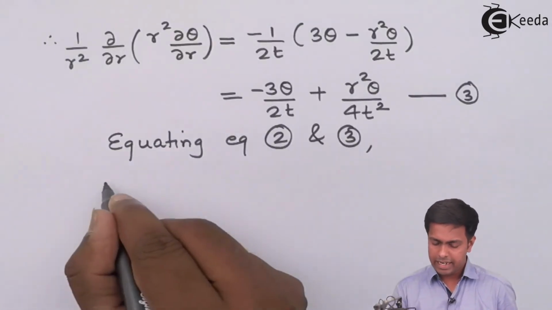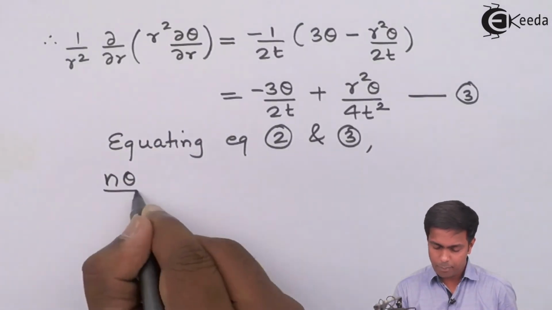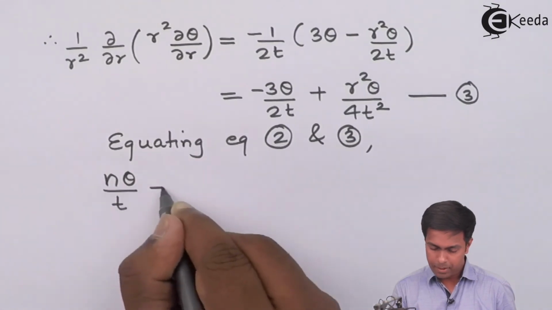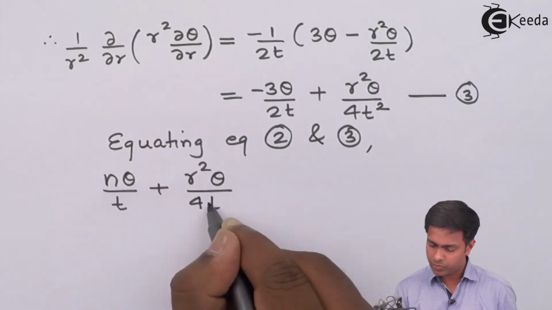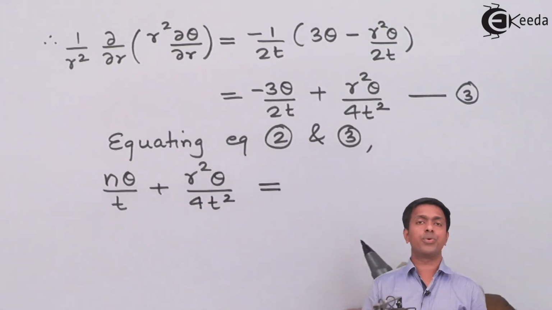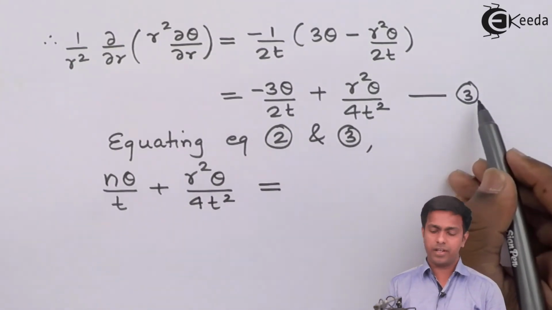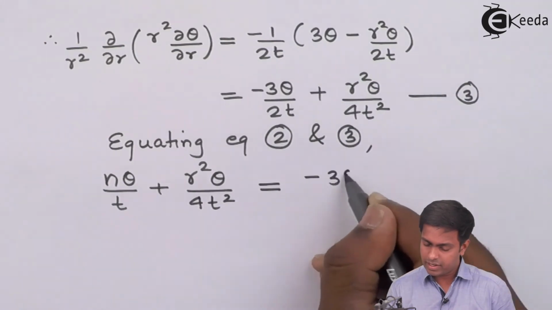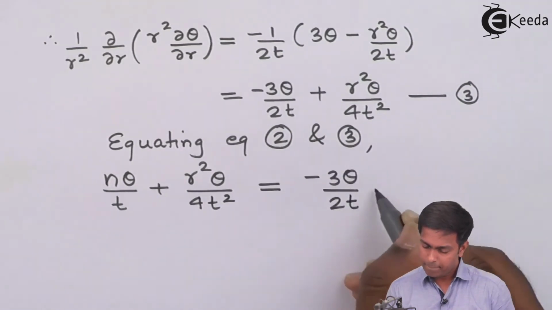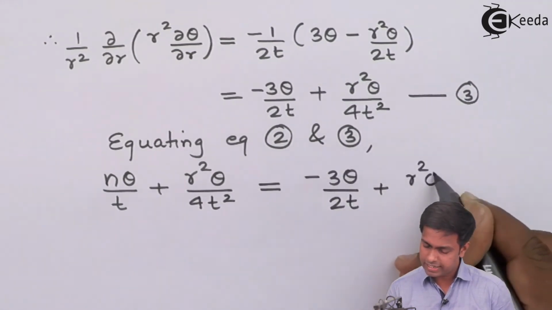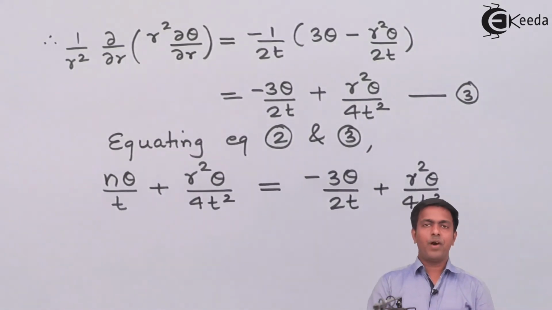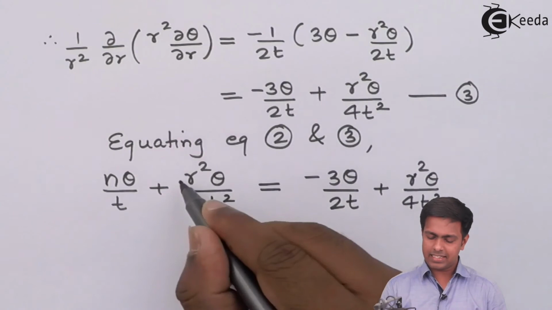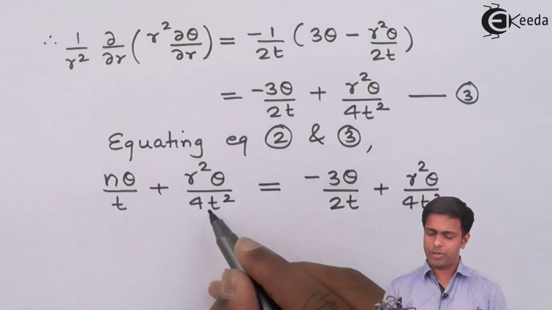So I'll get n theta upon t plus r square theta upon 4t square, equal to equation number 3, which is negative 3 theta upon 2t plus r square theta upon 4t square.